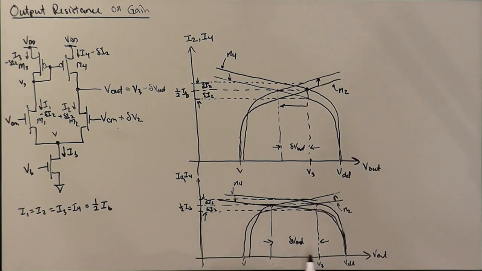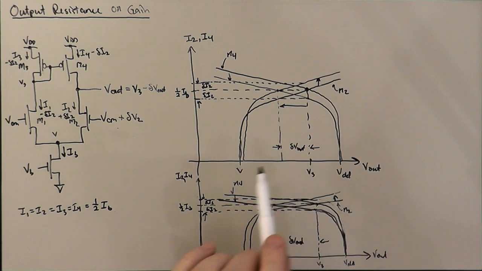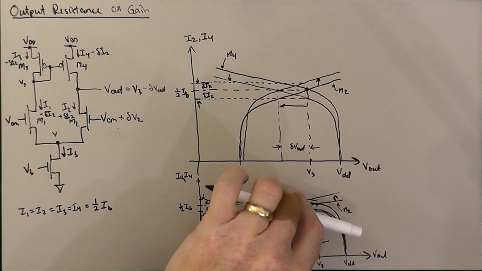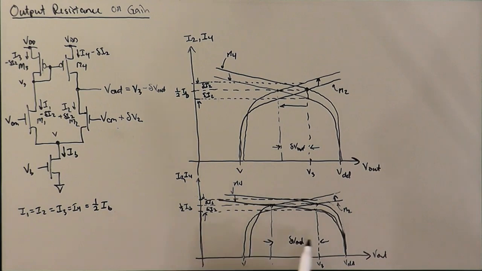And you can see that this change in the output voltage is more than this change in the output voltage. And you can imagine that if these curves were dead flat, then we'd have even more of an output voltage change, or more significant output voltage change.